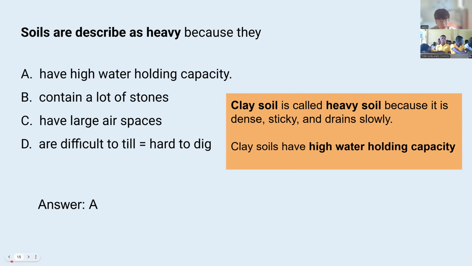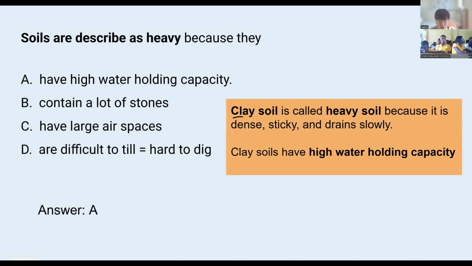If you look at clay soil, for example, clay soil is called a heavy soil. So heavy is a characteristic of soil. It's how you describe soil, and clay soil is an example of a heavy soil. It's called a heavy soil because it is very dense, sticky, and drains slowly.